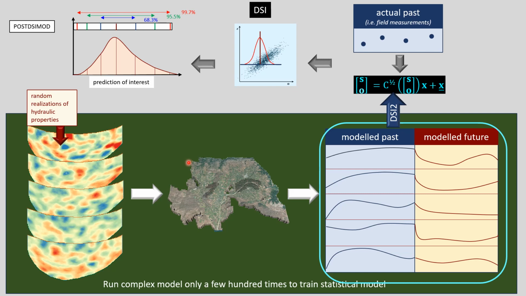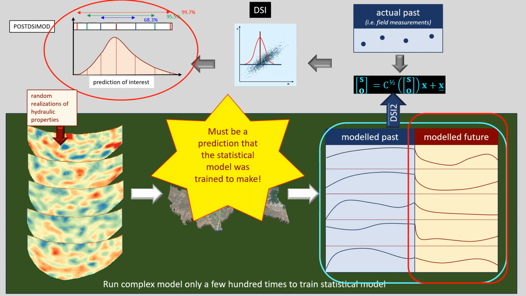So, this is extremely efficient and opens up huge possibilities for making efficient predictions in complex groundwater environments in many different circumstances. But how can we use this to do optimization under uncertainty?